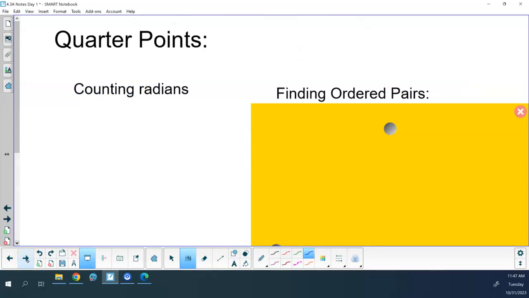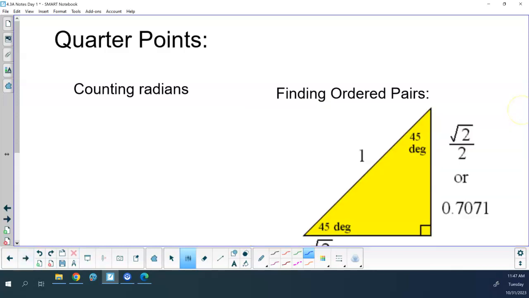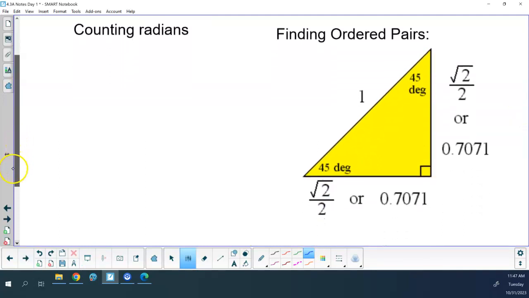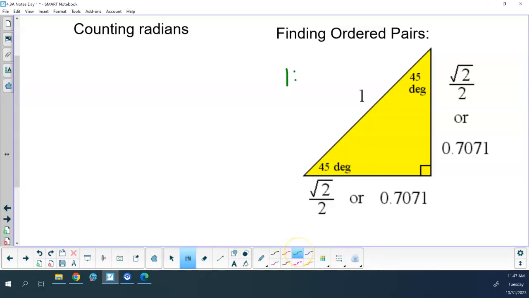So now, from the video that you were supposed to watch over the weekend, we can remember that we've got a 1-to-1-to-square-root-of-2 relationship going on with all 45-45-90 triangles.